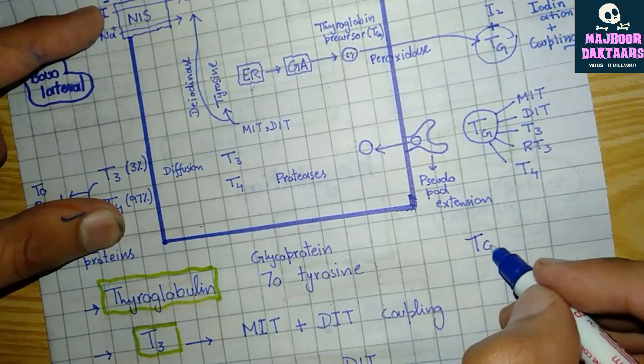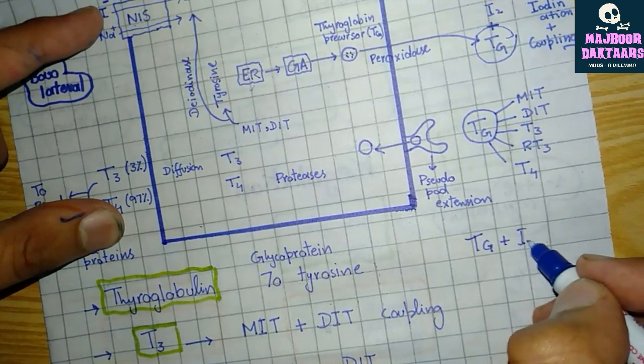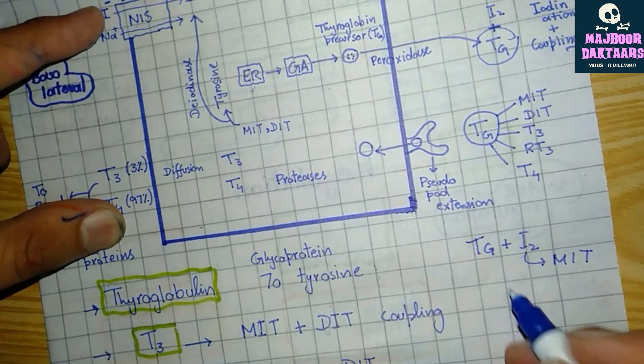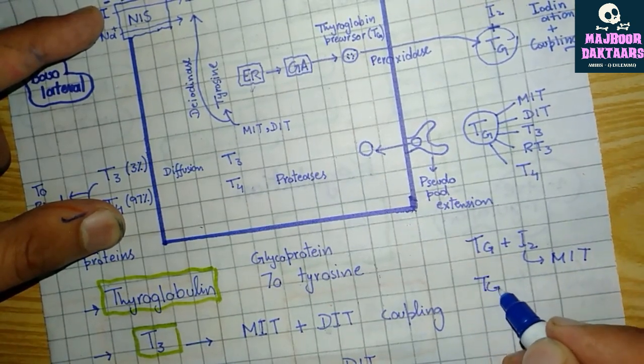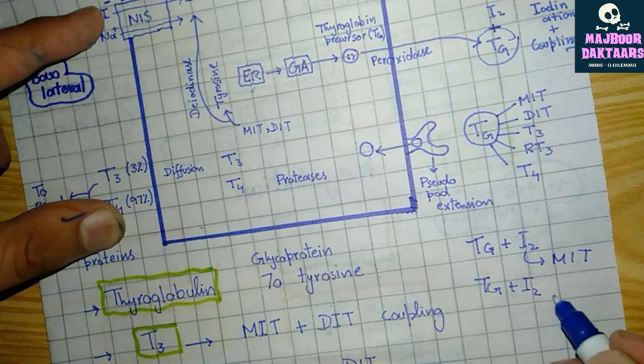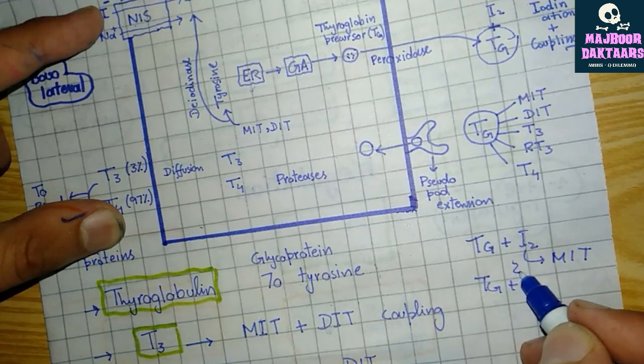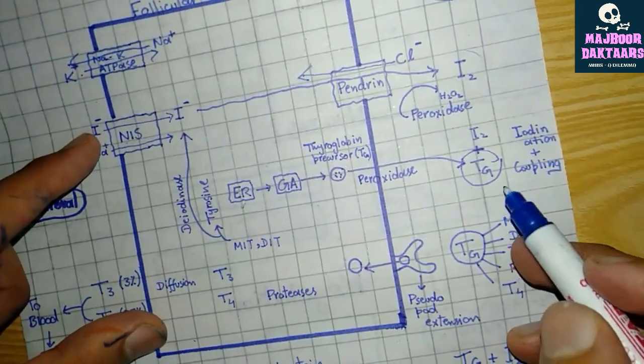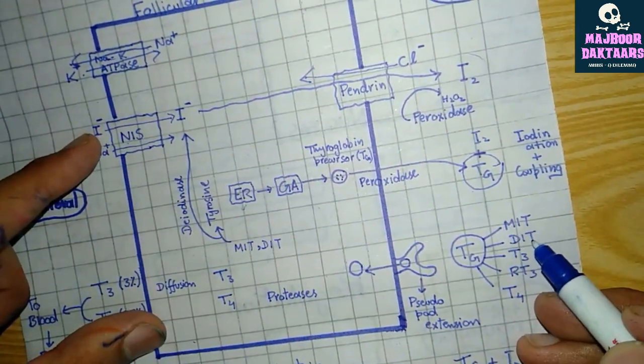If thyroglobulin attaches to one iodine residue, it forms the monoiodothyronine. If it attaches with 2 iodine molecules, it forms diiodothyronine, as found here. Monoiodothyronine, diiodothyronine.